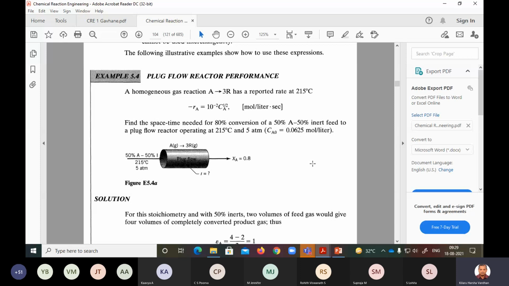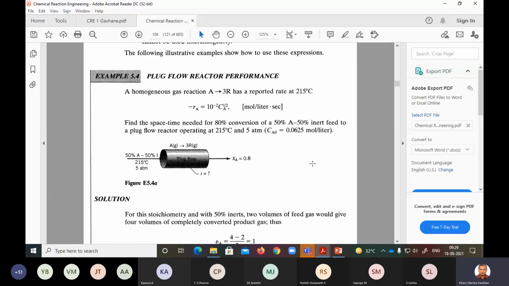The V by FA naught and tau by CA naught have the same unit, dimensionless. Tau by CA naught is equal to XA by minus RA. So the units should be matching. But you cannot say that the length is equal to the space time, because space time has a unit of time, whereas length has a unit of meters. So you cannot compare both.